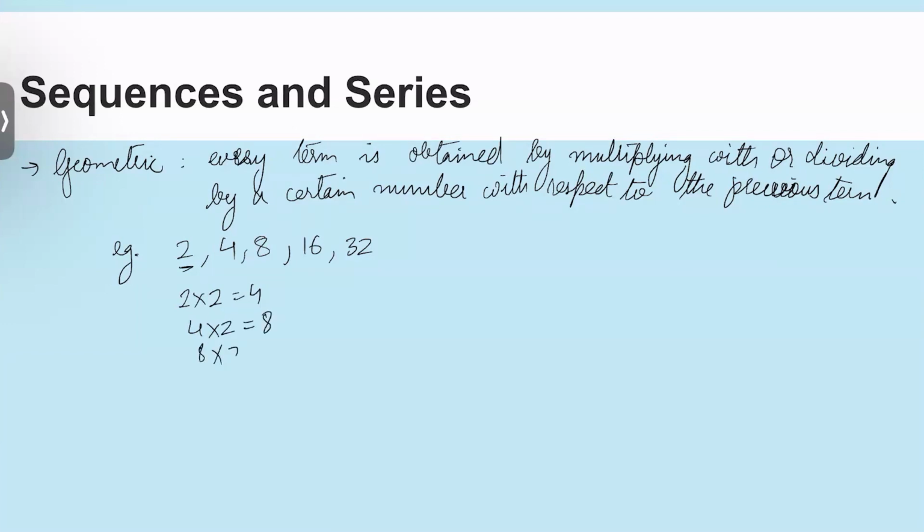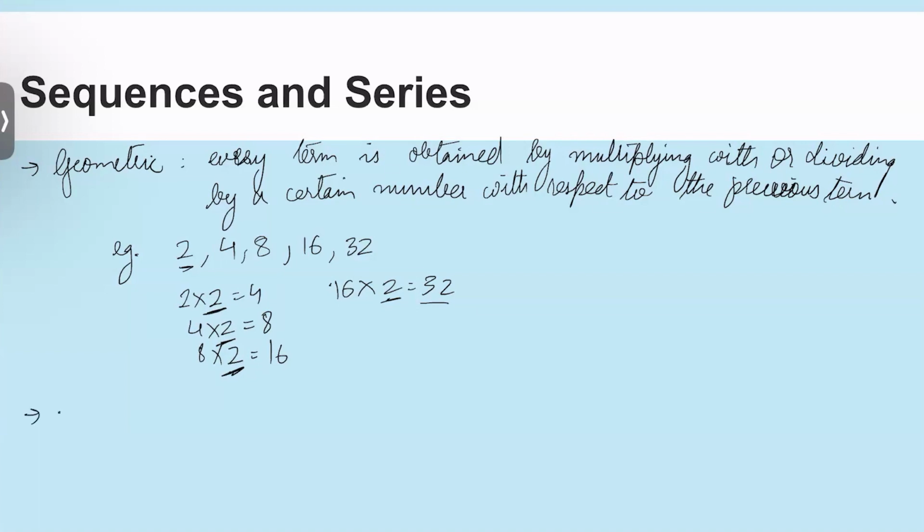Multiply 8 with 2, you get 16. And if you multiply 16 with 2, you get 32. Okay, so you see that the number being multiplied repeatedly is 2, and therefore you get a sequence where every term is created by multiplying the previous term of the sequence with 2. Okay, so this is a geometric sequence.